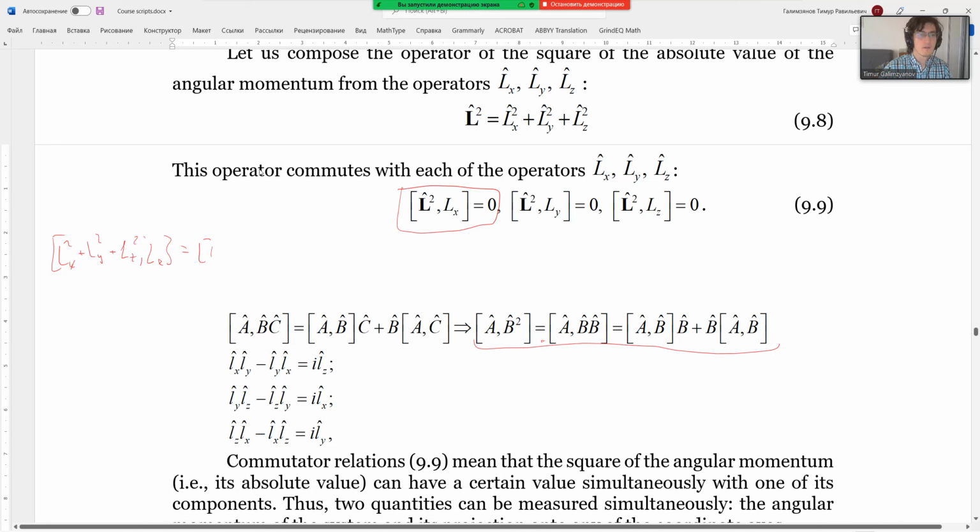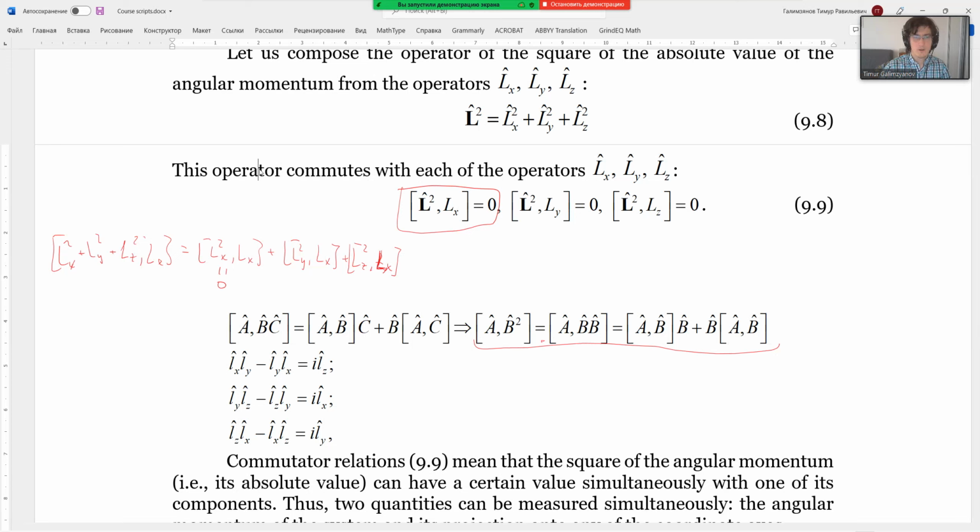So Lx squared with Lx plus Ly squared with Lx plus Lz squared with Lx. The commutator of Lx with Lx squared equals 0 because it's the same operator. Then we have to calculate this commutator, Ly squared with Lx.